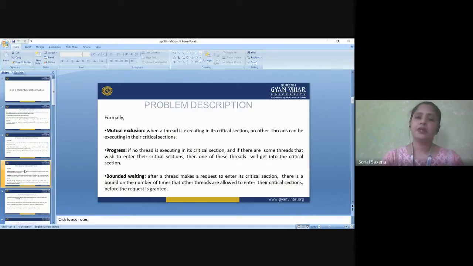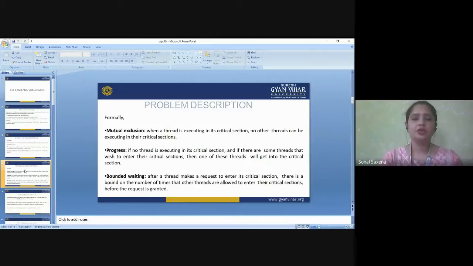Now, if we describe this problem of critical section formally, how could we define it? For solving this kind of problem, we need mutual exclusion. What is this? Mutual exclusion is when a thread is executing in its critical section, no other thread can be executing in their critical section.